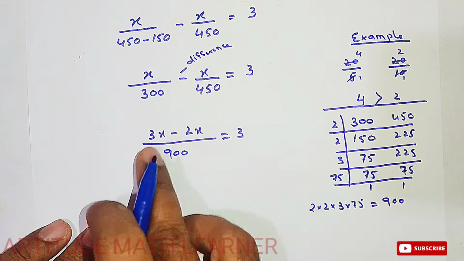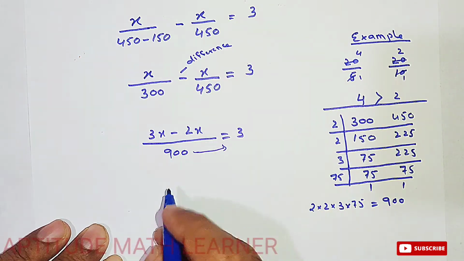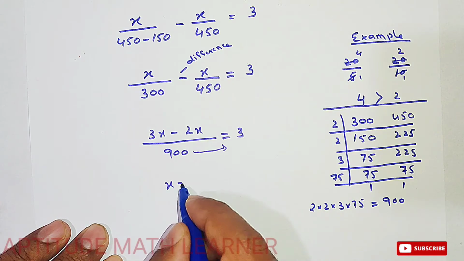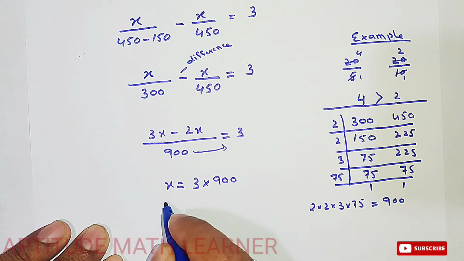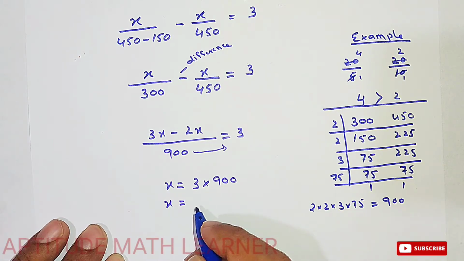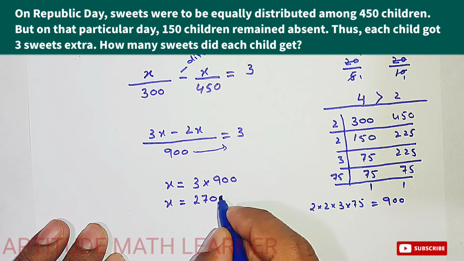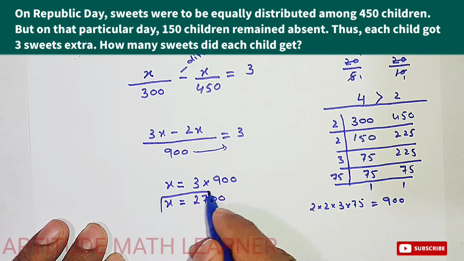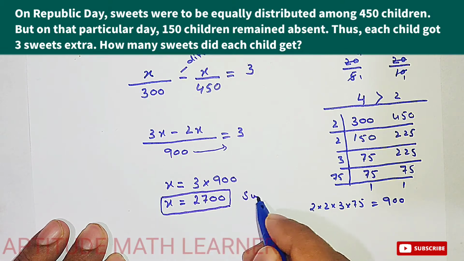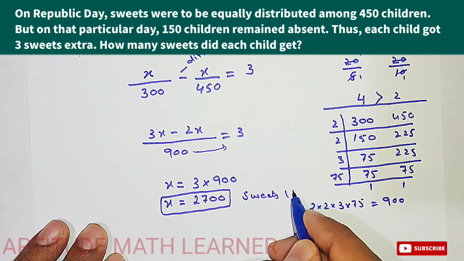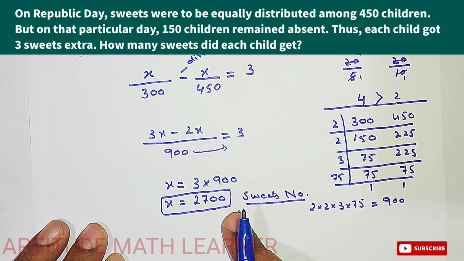So here we get x alone, and x is equal to 3 multiplied by 900, so the value of x we get is 2700. So this is the number of sweets.